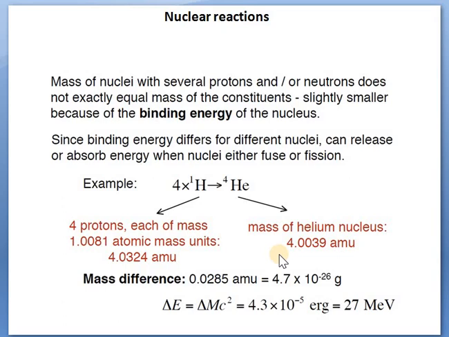Now let us estimate what energy we get by the simplest possible fusion, which is the fusion of 4 hydrogen nuclei to form a helium-4 nucleus.